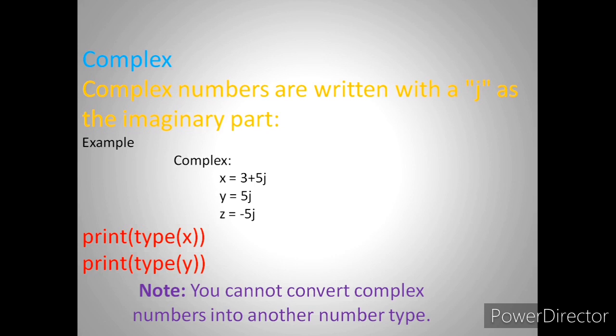Now one important thing over here is that you cannot convert a complex number into another number type. You can do it for a float, you can do it for an integer, but you cannot change the data type which is of complex type. In any case, you cannot change the data type of complex.